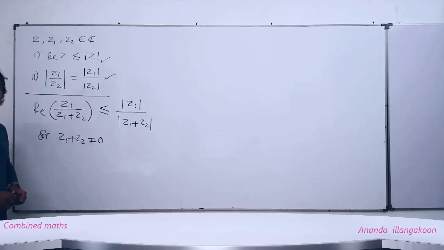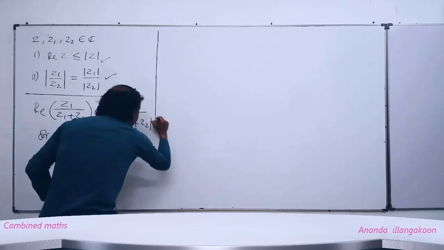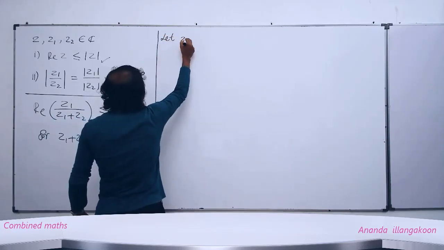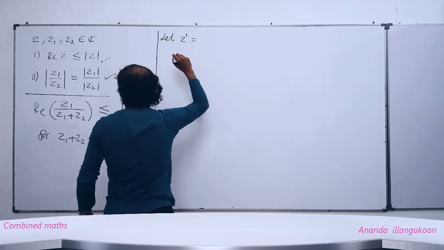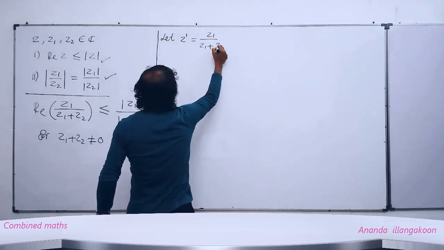Now, how to prove this? People, you can very clearly understand this way. We can write, let Z dash be Z1 divided by Z1 plus Z2.